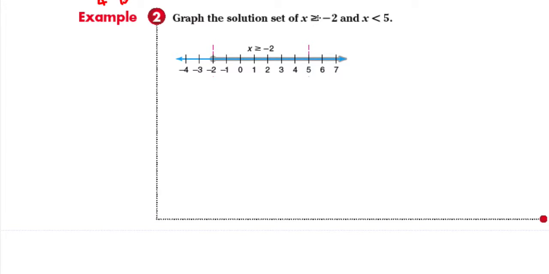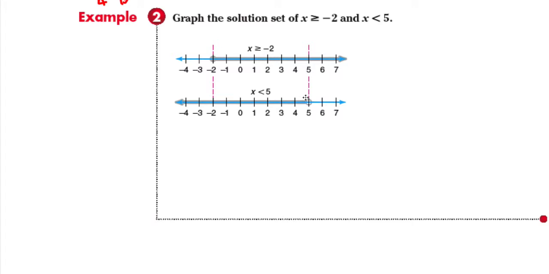Since it's greater than or equal to, it's a closed dot, and pointing away from the variable, it goes to the right. And let's graph x is less than 5. That would be an open dot on 5, and since it points to the variable, it goes to the left.